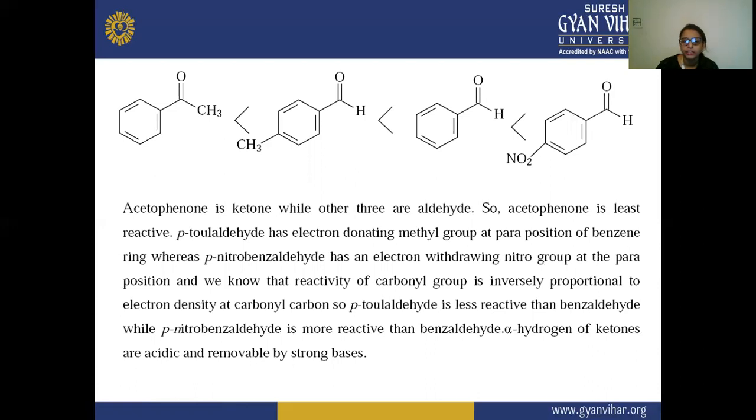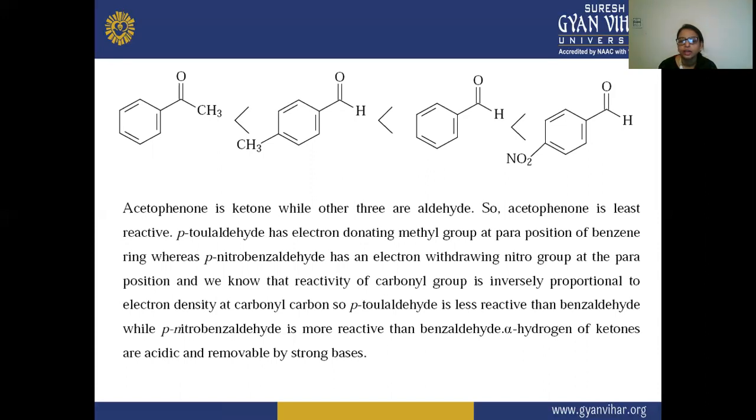P-tolualdehyde, this is para methyl benzaldehyde. P-tolualdehyde has an electron donating methyl group at the para position of benzene. Here you can see this methyl group is present on the para position of the ring, whereas p-nitrobenzaldehyde has an electron withdrawing nitro group.